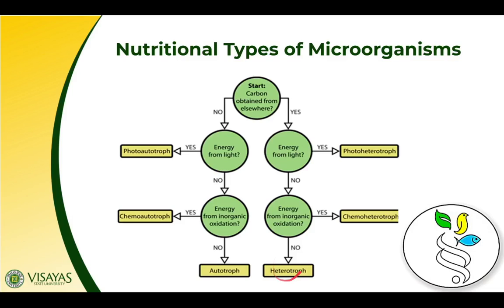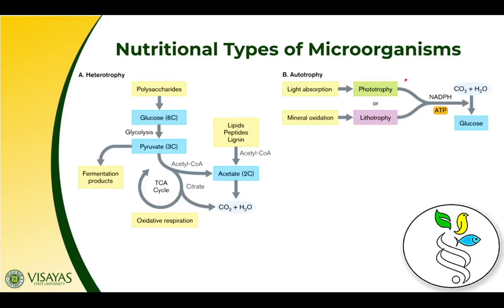In autotrophy, there is accumulation of energy and compounds, it could be carbon dioxide, to produce an organic compound. In heterotrophy, they utilize organic compounds, and they could produce energy through the oxidation of organic compounds.